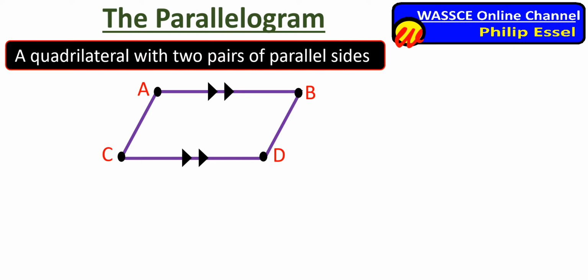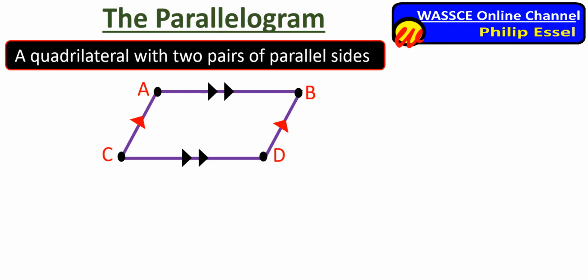Again, we will make the assumption that the sides CA and DB are also parallel. So we will use the following arrows to show that they are parallel. So now this quadrilateral A, B, C, and D has two pairs of parallel sides, and this makes it a parallelogram.